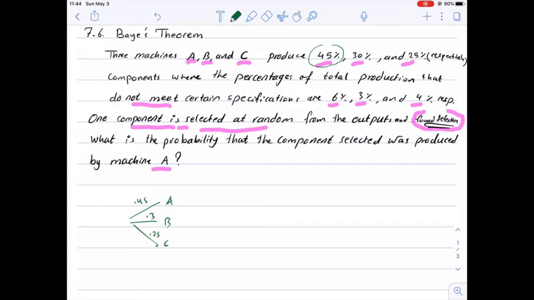Now machine A produces defective and non-defective. For non-defective we use D complement, and D is defective. So the production of B is either D or D complement, and for C, D or D complement.